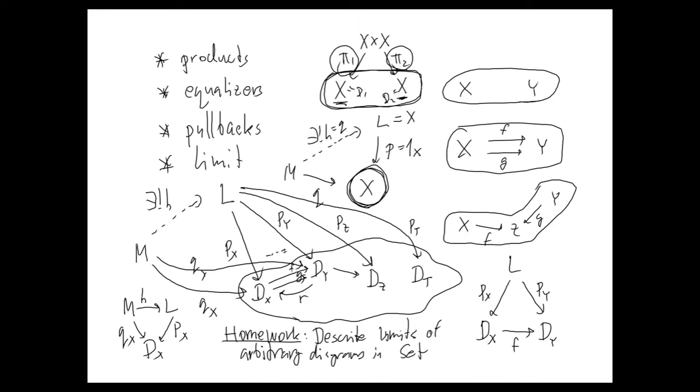Let me also remark that the way this is used in mathematics is that very often, some mathematical structures are complicated to describe by their elements. The construction is non-trivial. And it helps a lot when you are able to present this complicated construction as a certain kind of limit.